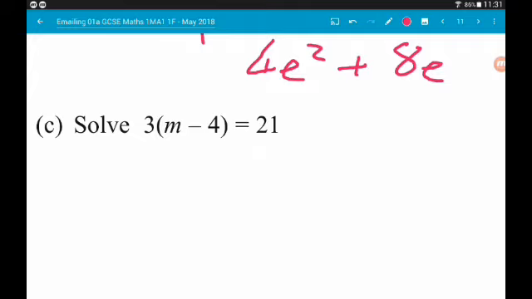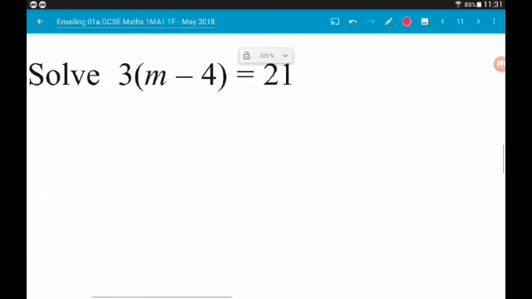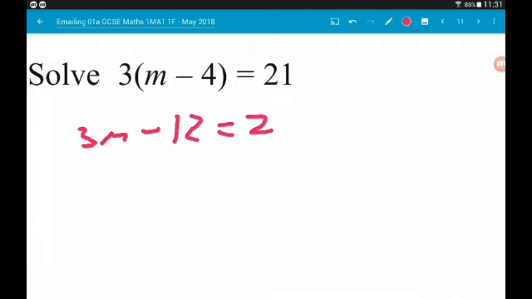So I'm going to do this 2 ways, just to show you that we can. So the first way, we're going to expand the brackets, so we get 3m minus 12 is equal to 21. Okay, we want to add the 12.